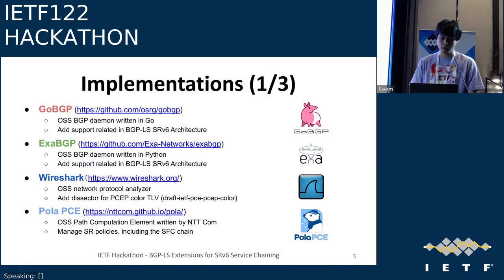These are our implementations. First, we implemented these TLVs for GoBGP and XBGP. And next, we implemented the Wireshark dissector for these TLVs. And we send it to our PCE.